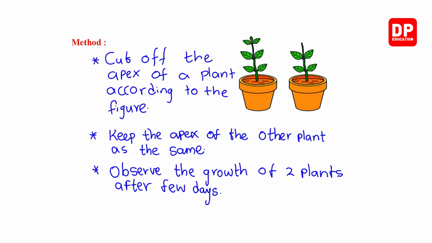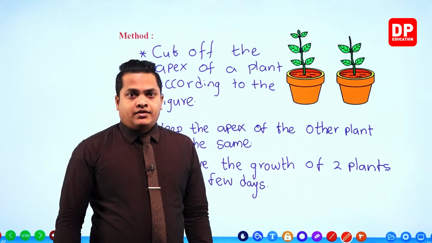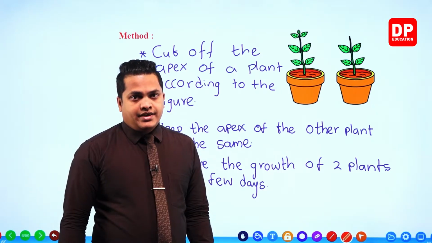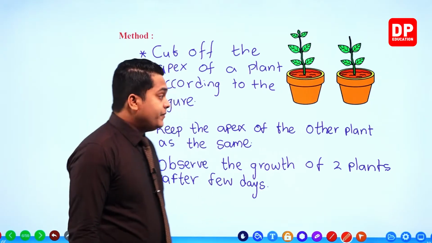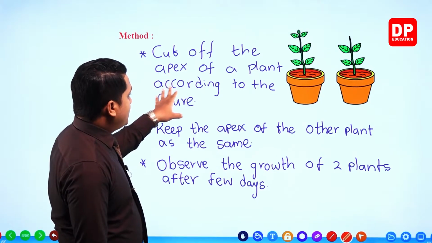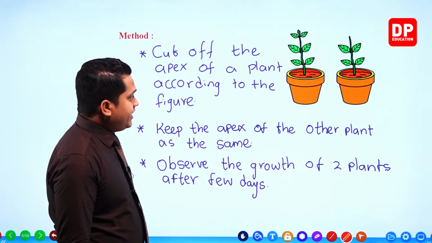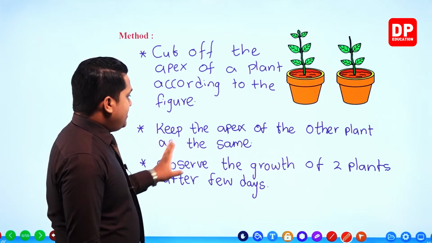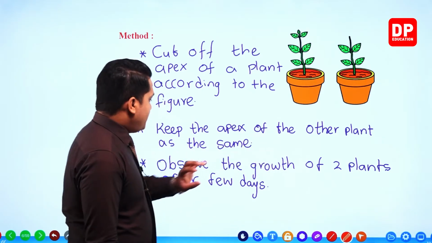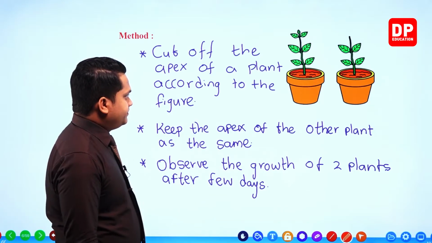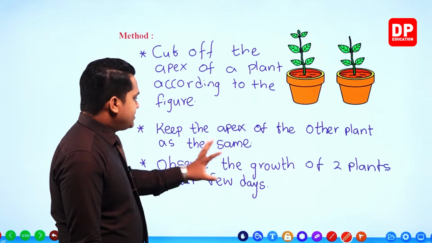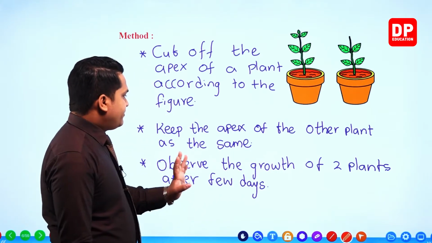So this is our method, right? This is the method of conducting the activity. It's very simple. What you have to do is cut off the apex of a plant according to the figure which is given here, keep the apex of the other plant as the same, and observe the growth of two plants after a few days.